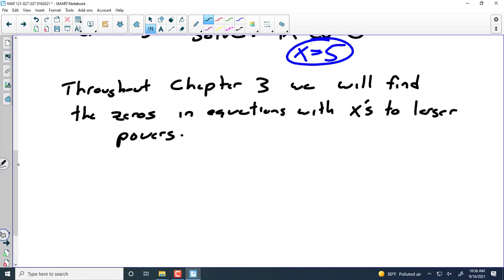We'll see equations that maybe have an x squared in them, or x cubed in them, or an x to the fourth in them, and we'll have to find the zeros of those equations, which of course is more complicated. The higher your x power gets, sometimes the more complicated it can be to find your zeros.